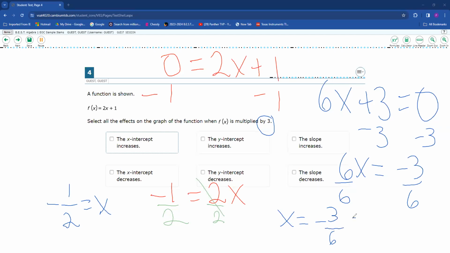So we're going to divide both sides by 3, and the bottom also, 6 divided by 3. Perfect. It is negative 1 over 2. Okay. Thank you for your patience.